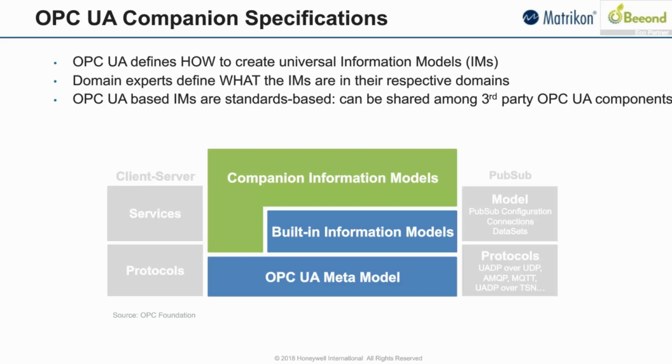Now, the domain experts in each of the industries define the what. The information model in the end has to represent something on the device, whether it's a robot arm or some kind of spectrum analyzer or whatever the device happens to be, and the experts will know what they're trying to model. They're just going to utilize OPC UA to create that model.